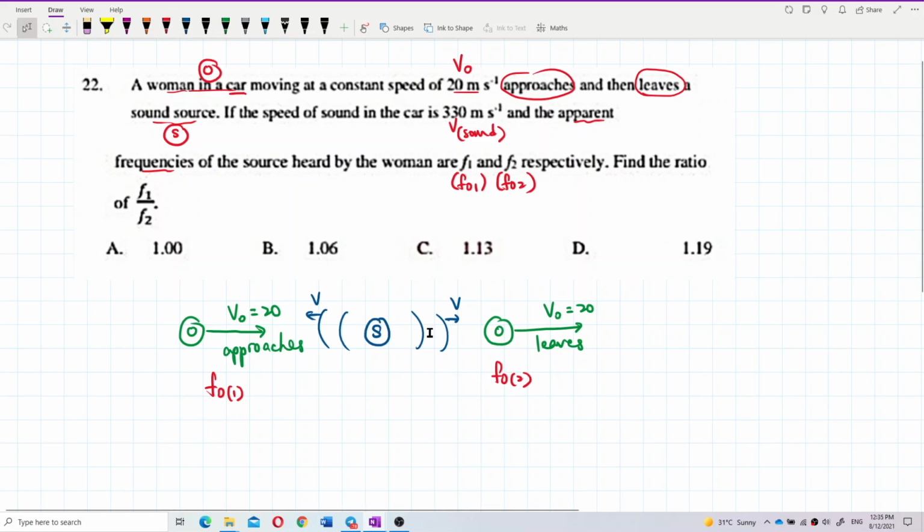When he leaves, he hears this frequency. And the source has a source frequency. Did he mention it? No, just put it as F, source frequency. When it approaches, he hears this observed frequency, and when he leaves, he hears the other observed frequency. So you want to find the ratio of them. So how are you going to do it?